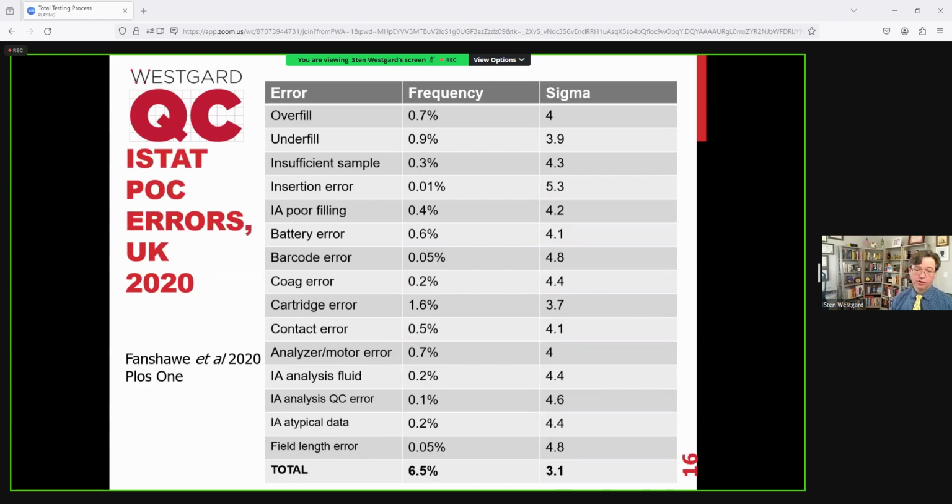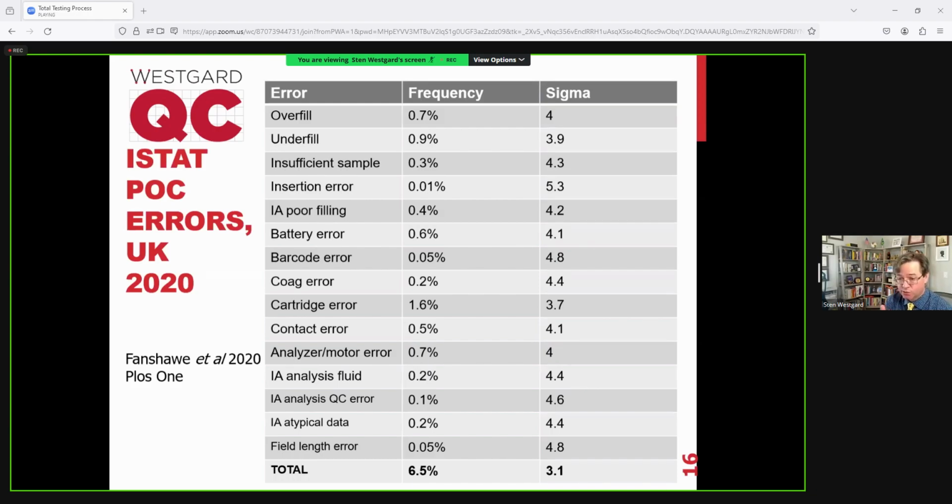So you can see the point of care, there's a lot of different kinds of errors in these small devices. And it's a greater challenge with point of care with smaller devices because they frequently end up in the hands of people who are also less skilled.